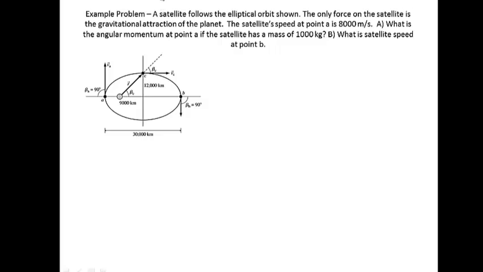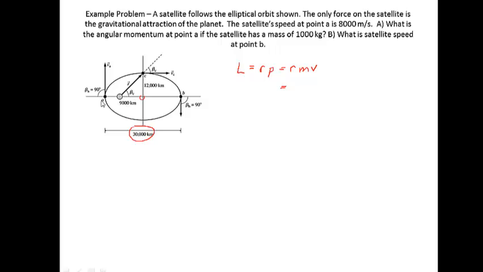The equation for angular momentum, there are two formulas we just saw, but one is L equals R times P, and we know in the past that P equals mass times velocity. So R would be this distance. The whole distance is 30,000 kilometers.